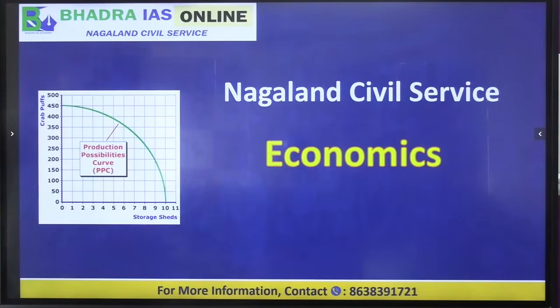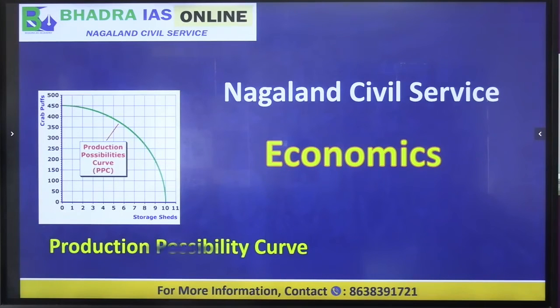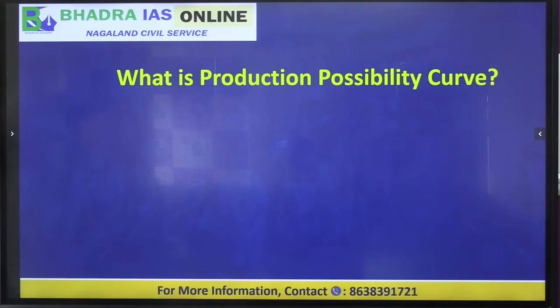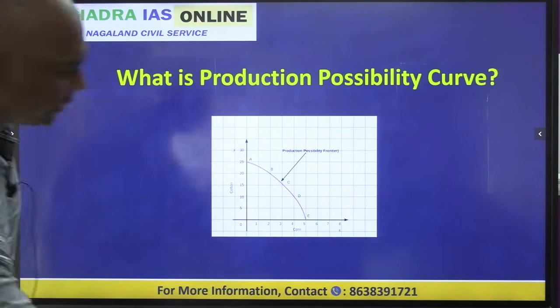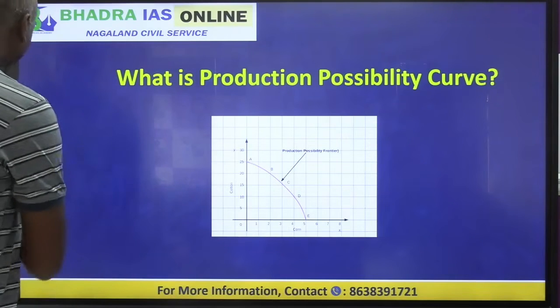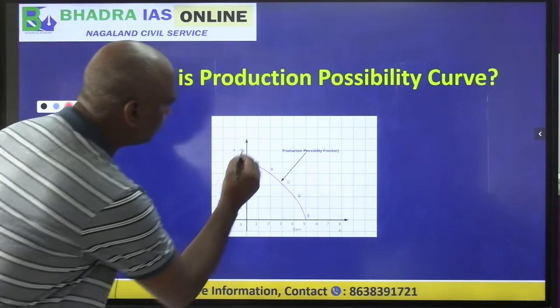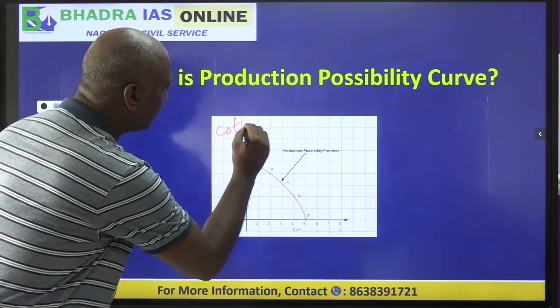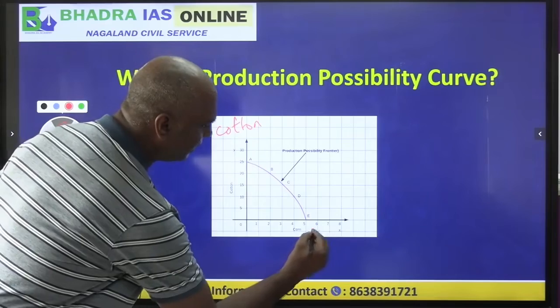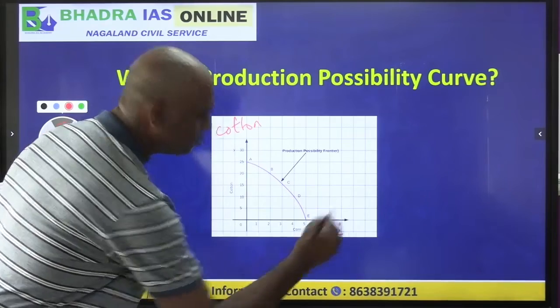Okay. So if you look at the production possibility curve, this is the topic related to national income. So what is production possibility curve? The production possibility curve normally shows us, suppose you produce one commodity here called cotton and another commodity here, say we produce corn.